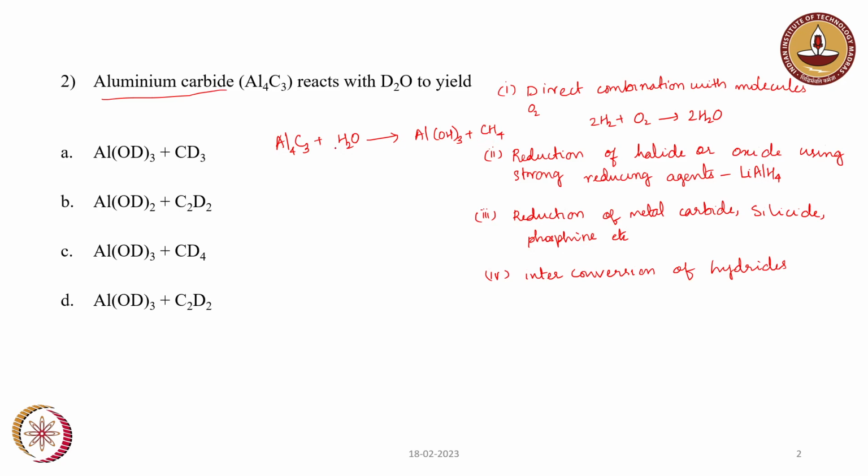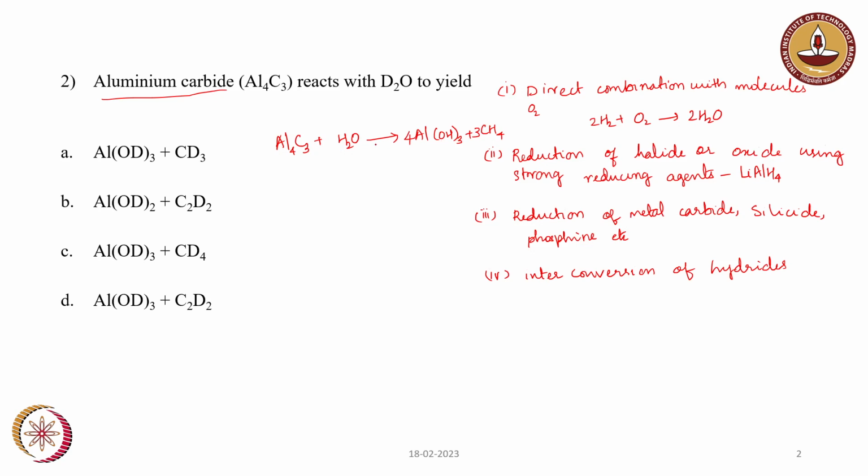So if we do the chemical balance, 4 aluminum is present, so there should be 4 aluminum hydroxide, then 3 carbon, so there should be 3 CH4.